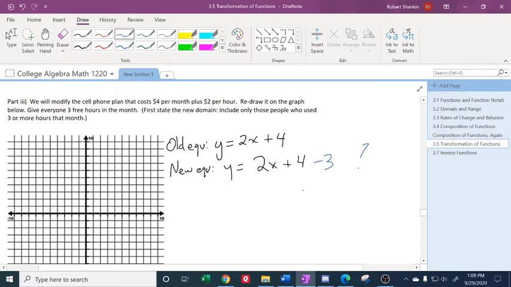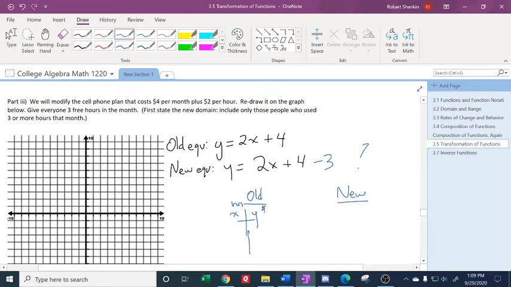Alright, so what I know is on the old versus the new. In the original one, if I made a little XY table, and X is the number of hours, and this is the cost.